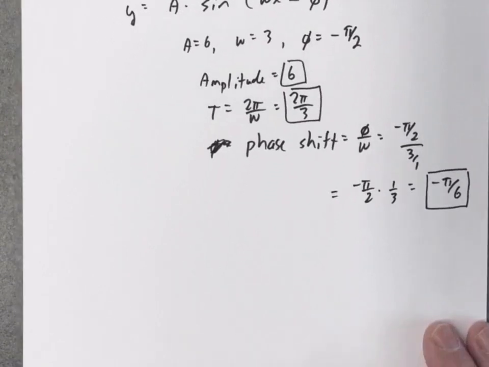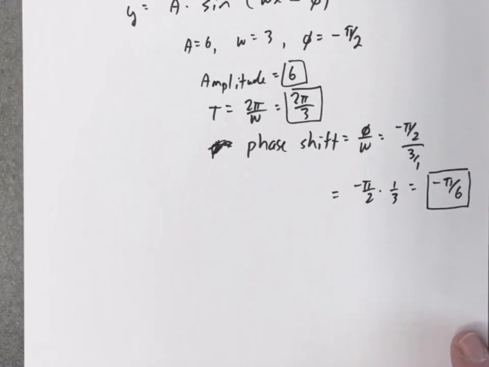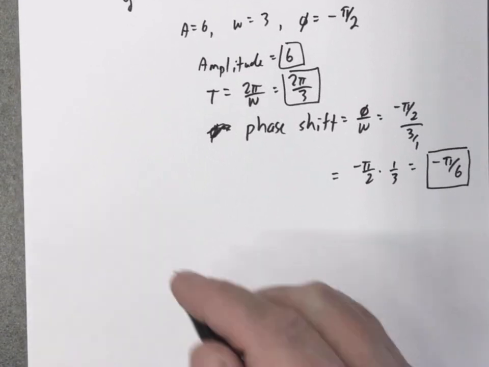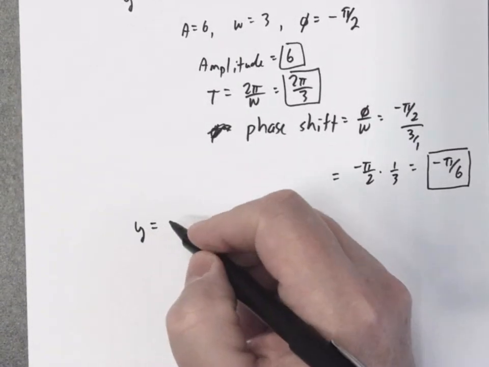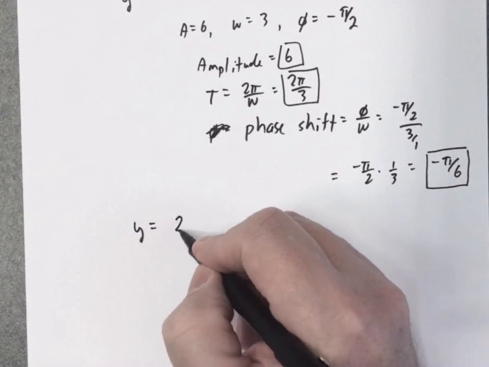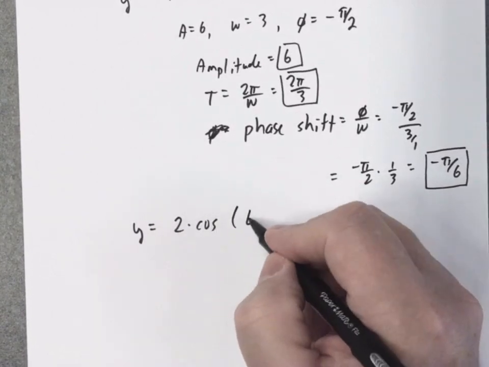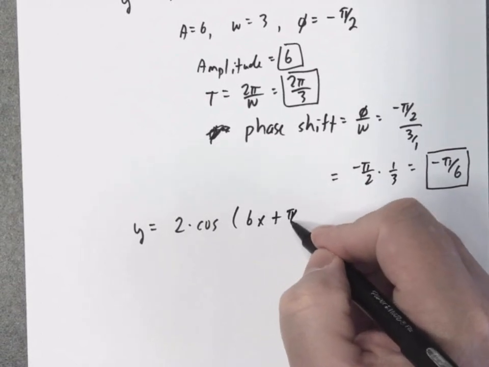All right, how about another one? How about y equals 2 cosine 6x plus pi over 2.